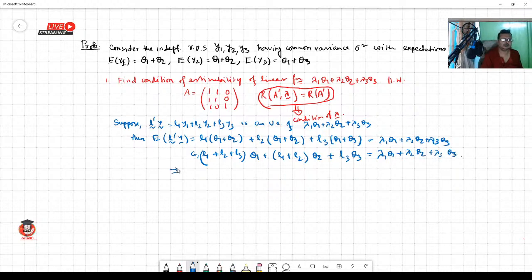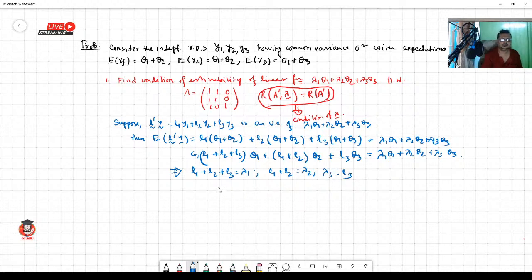So comparing both sides, we get L1 plus L2 plus L3 equal to lambda 1, L1 plus L2 equal to lambda 2, and lambda 3 equal to L3.